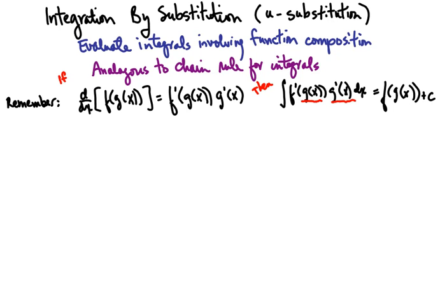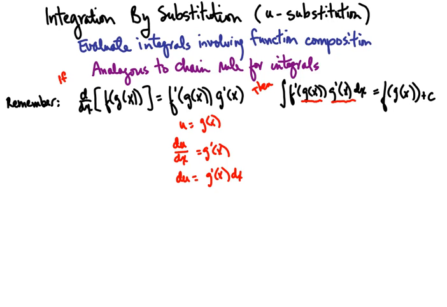So again, the way this is done computationally, we'll let u equal g of x. Then we're going to take the derivative of u with respect to x, and that's just g prime of x. Then we're going to solve for du, and there du is called a differential.